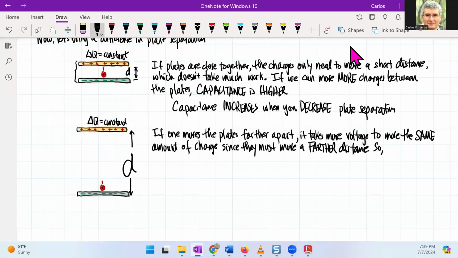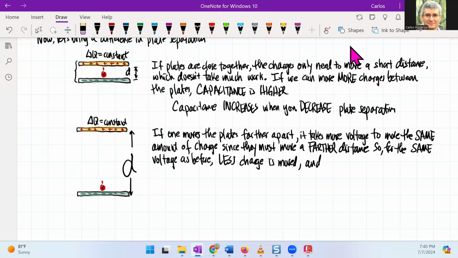So for the same voltage as before, less charge is moved, and capacitance is lower.